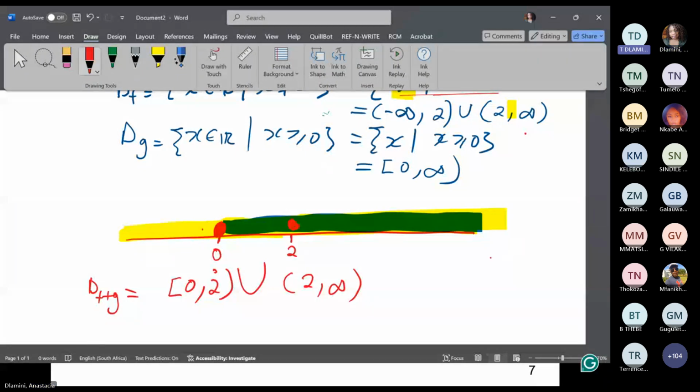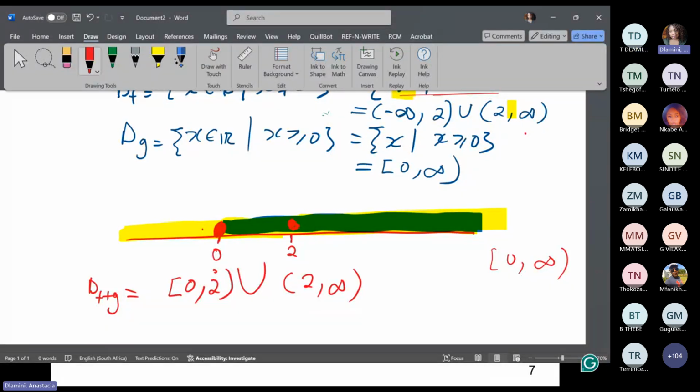Sorry, ma'am. If it was positive, not, how am I supposed to ask this? If it was x plus 2, not x minus 2, how is it going to be our domain?